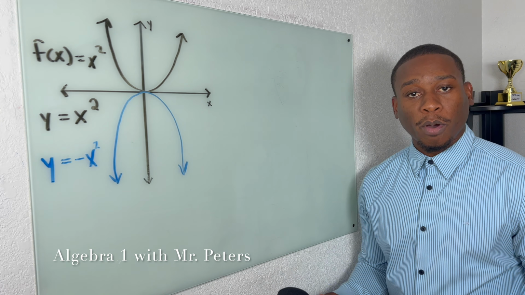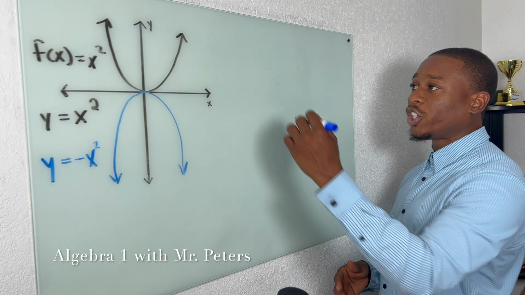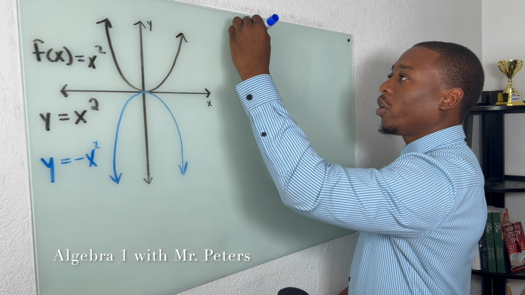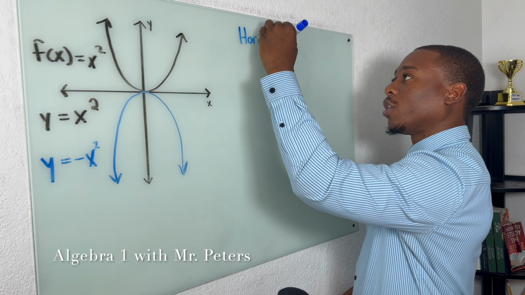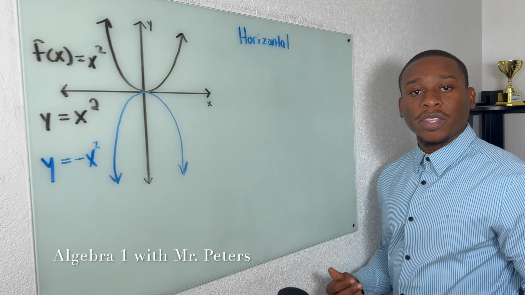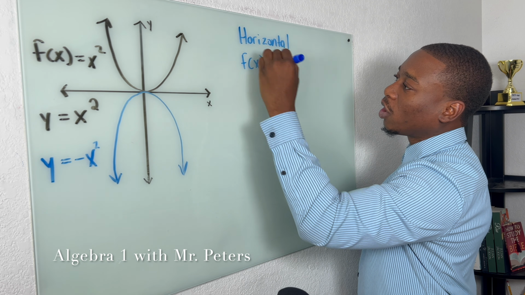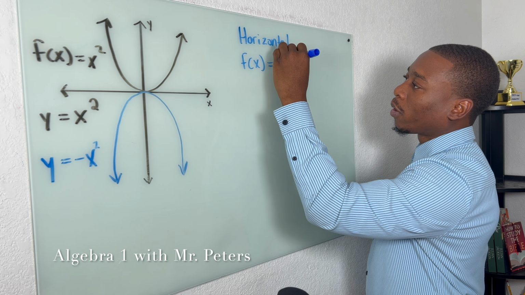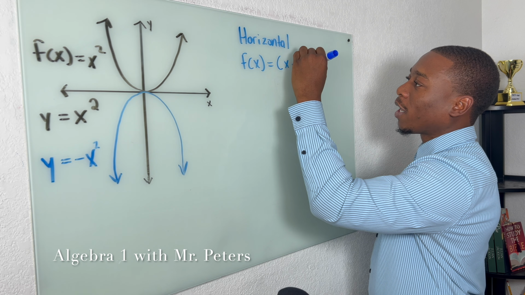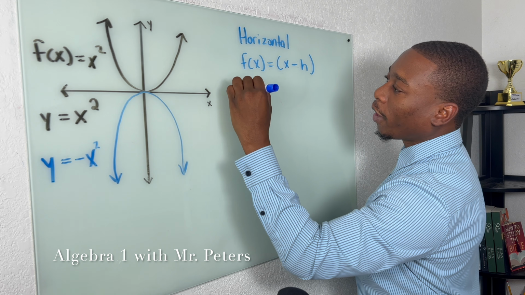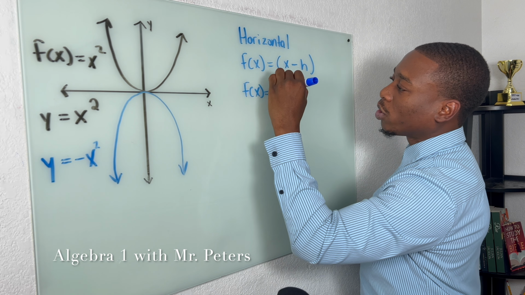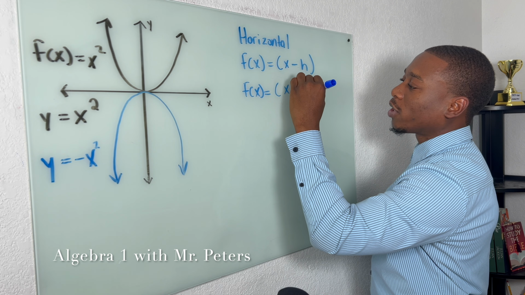Now, in the second part of our video, we're going to focus on the shifts. We're going to have a horizontal shift when we have the equation f of x is equal to x minus h, or f of x is equal to x plus h.